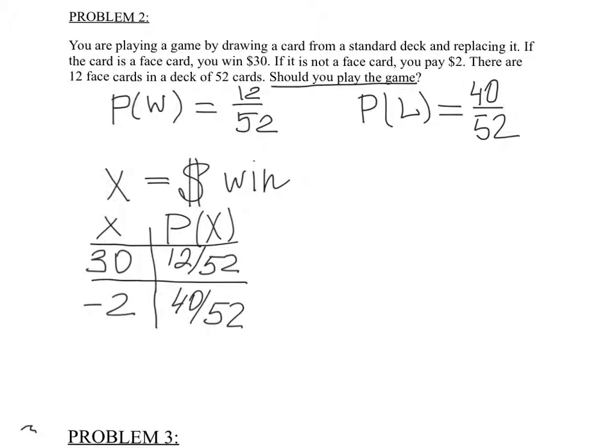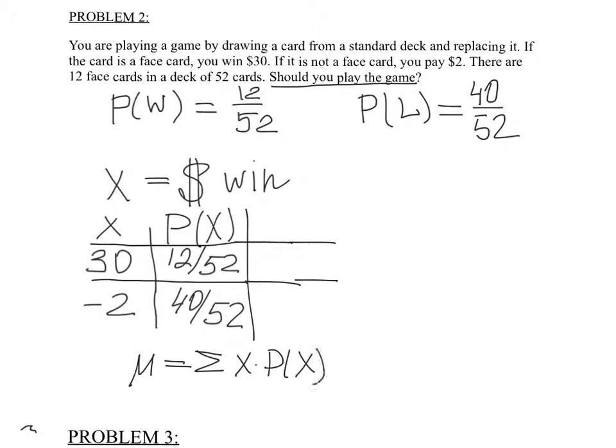Okay, so now next step is to actually look for the answer. Should we play the game? So for this, what we'll do is we will find the expected value. As you remember, the expected value is the mean of the probability distribution that is equal to sigma x p of x. So let's do it.